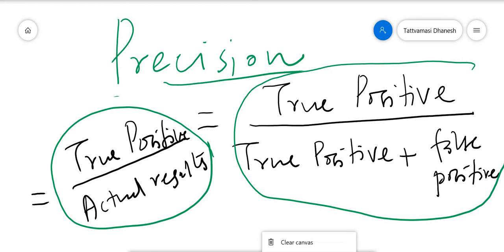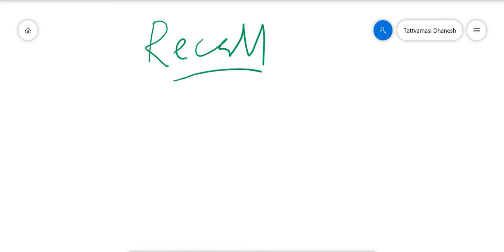Now I am getting into the next concept. It's known as recall. So what is recall? Recall means what proportion of actual positives was identified correctly.